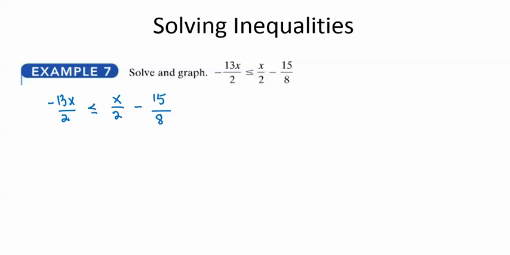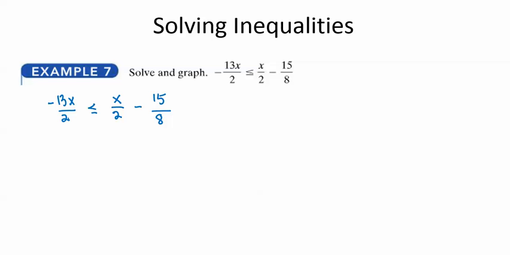I can't just remove them all, but what I can do is multiply both sides of this inequality by the least common denominator of all the denominators. And what that will allow me to do is to simplify these numbers from fractions down to whole numbers, to an equivalent inequality that uses whole numbers instead of fractions.